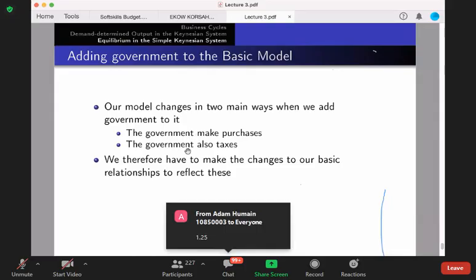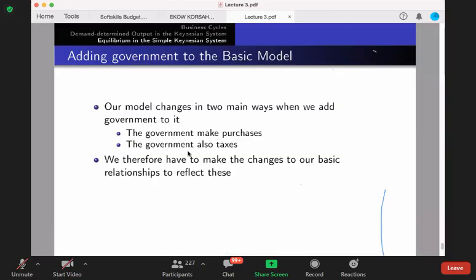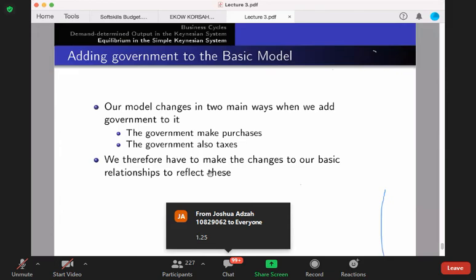They finance them through government revenues, which come in the form of taxes. We therefore have to make changes to our basic relationships to reflect these two things. Government spends, but where does it get the money to spend? From taxes.